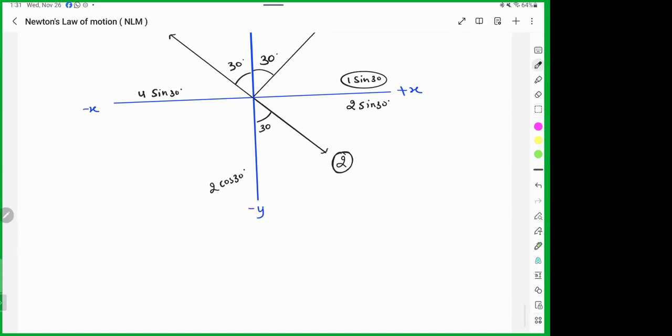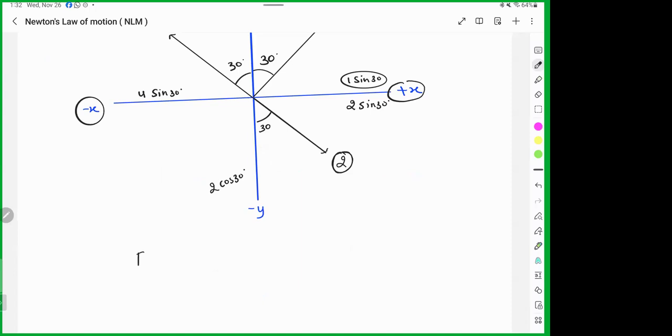So it means the force on the plus x-axis and minus x-axis should be the same. They will cancel out each other, and in the x direction, the net force will be zero. Yes or no, guys? Yes, sir.